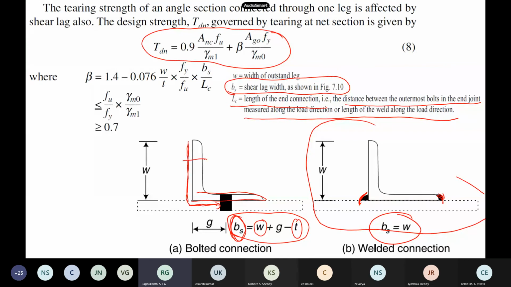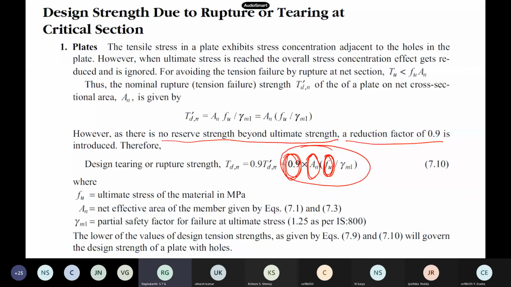Suppose both the legs are connected, say, which formula do you have to use? Now this side also connected, this side also connected. Now what is the formula? How do you calculate? You will use this formula or the previous one? See, if both the legs are connected, which one you have to use, this or this?